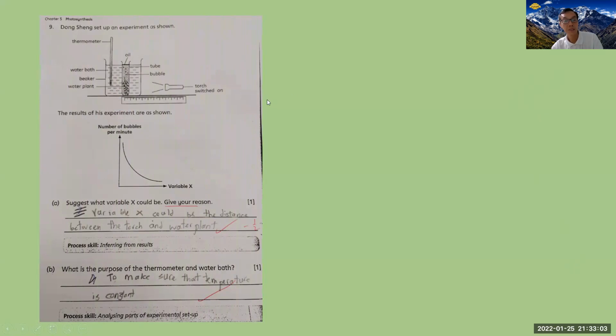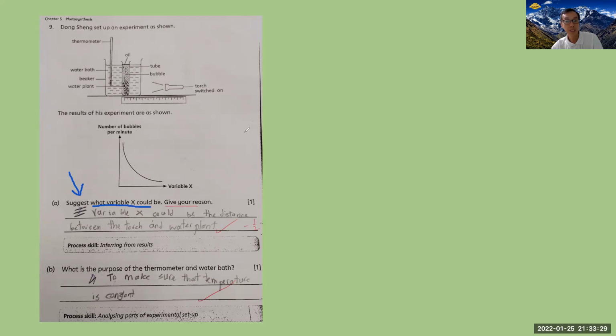So let's look at the next question. Again, this experiment shows a torch being switched on, there is oil here, bubbles, and this is the result of the experiment. Once again, students are to suggest what variable X could be.